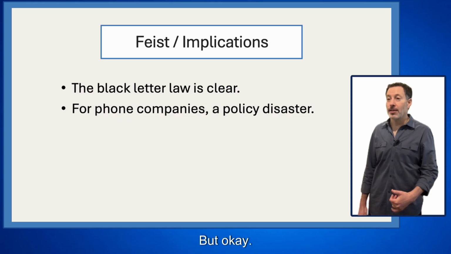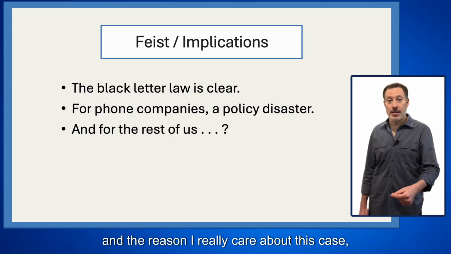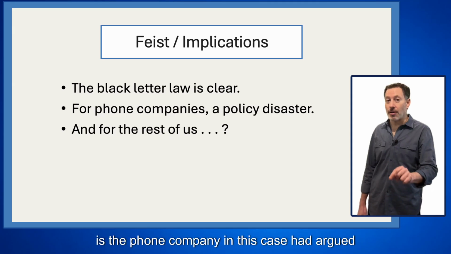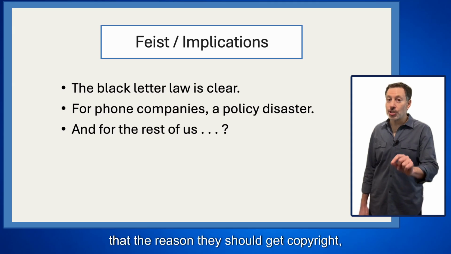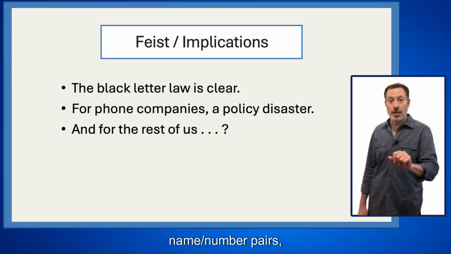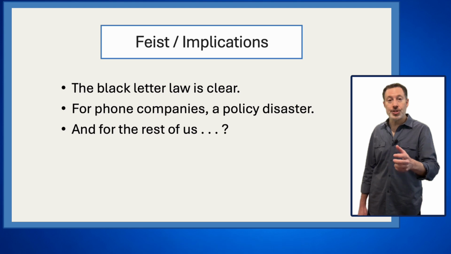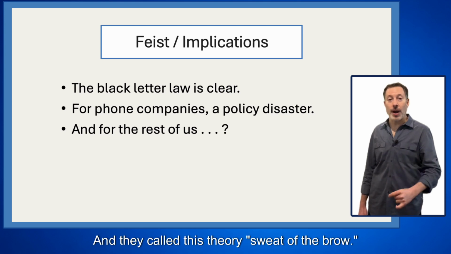But okay. More importantly though, and the reason I really care about this case, is the phone company in this case had argued that the reason they should get copyright, the reason they should have copyright in the name number pairs, was they put in a lot of hard work to generate that information. And they called this theory sweat of the brow.